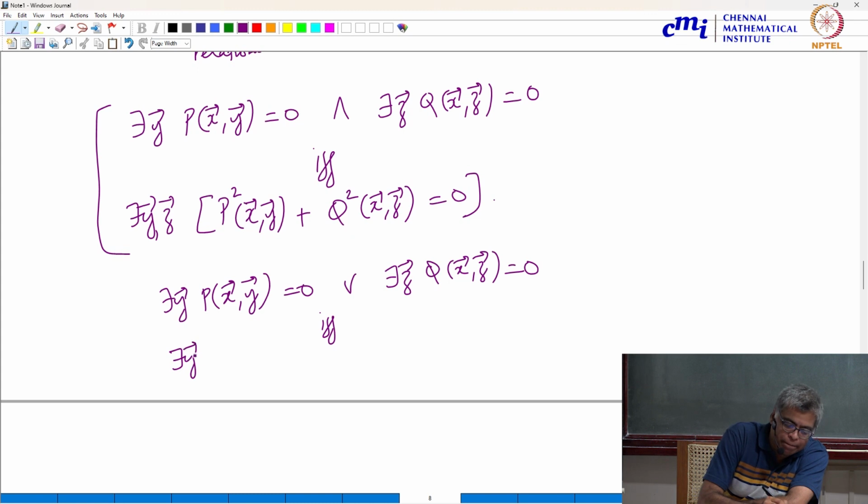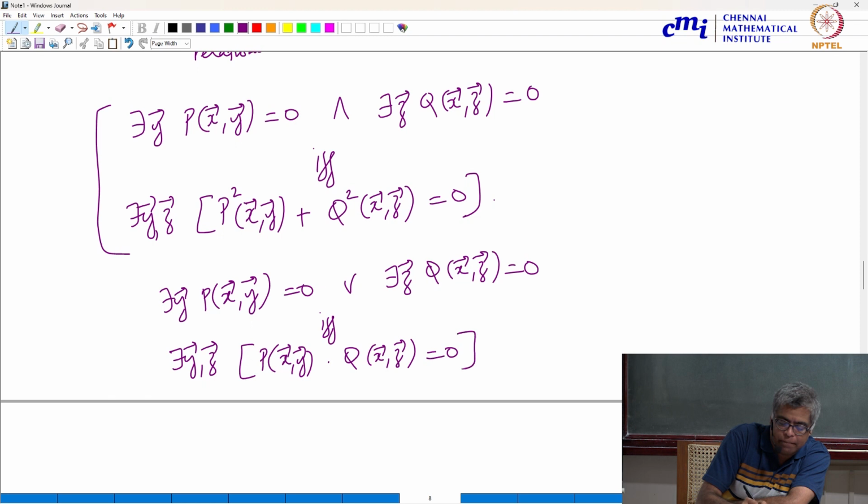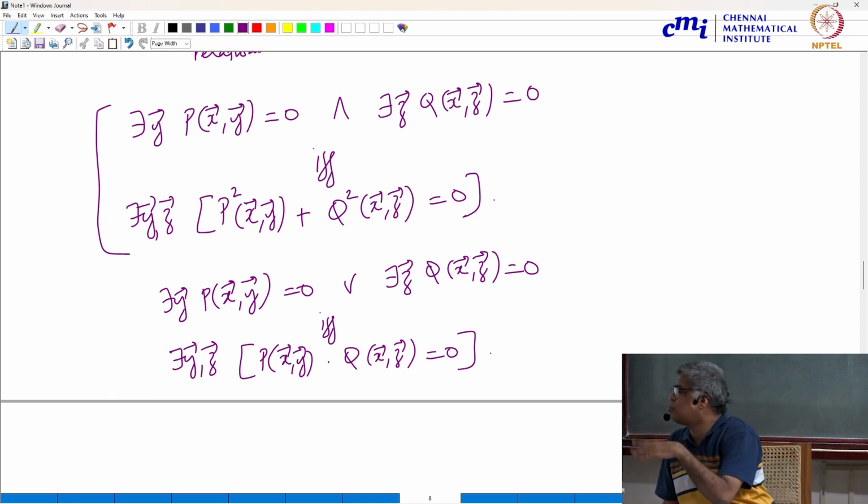Exactly. So you can bring it all down to one equation, a system of equations.